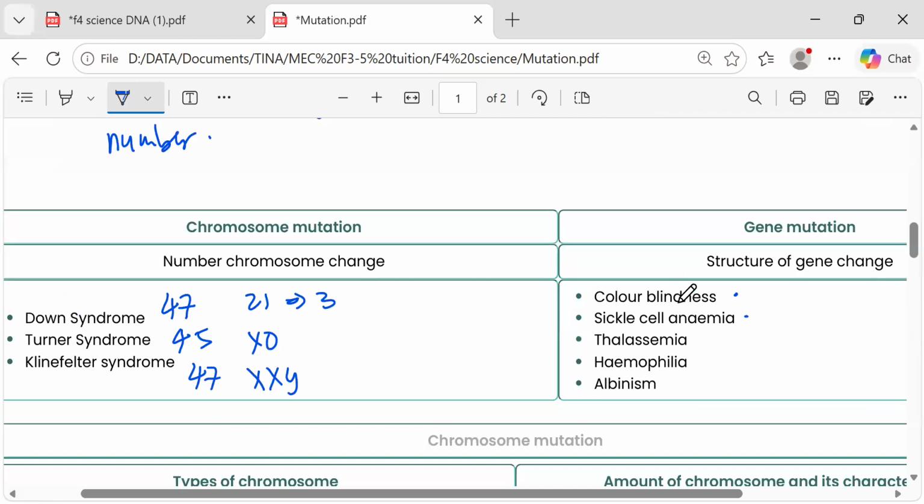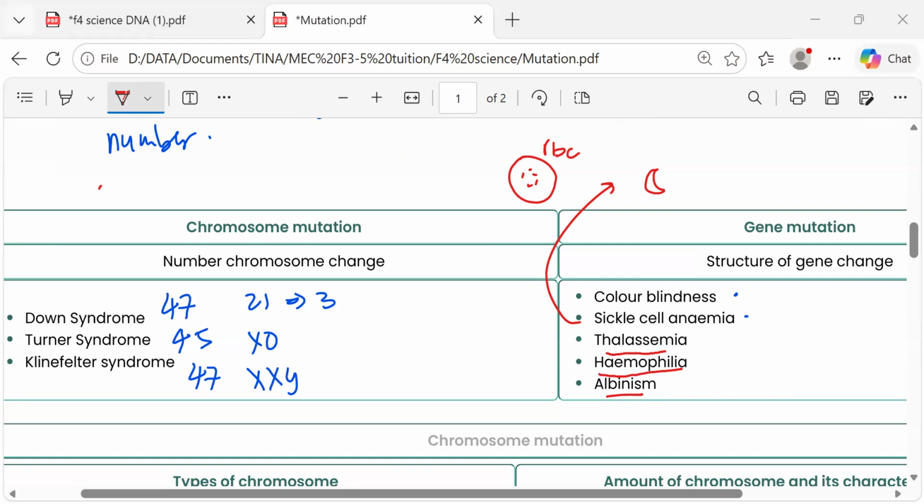In sickle cell anemia, normal red blood cells are round, but the red blood cells become sickle shaped. Thalassemia is similar, something to do with anemia, but a different kind. Hemophilia is when your blood cannot stop bleeding. Albinism is when you have no pigment. It's not leukemia. Albinos have no color, whether they are Black or white. I've very rarely seen an albino Chinese, only one in my entire life.